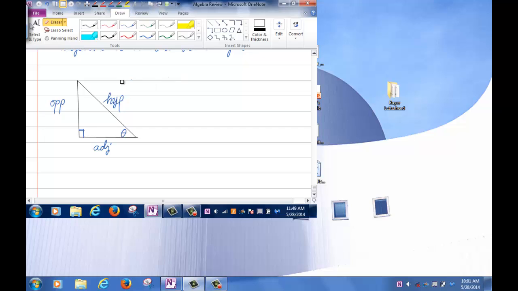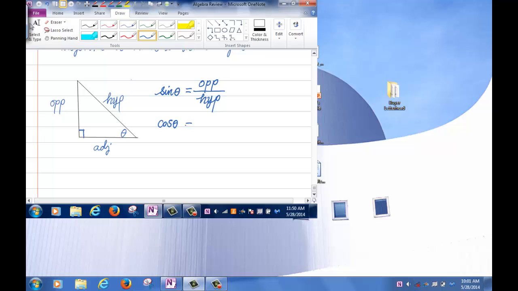Okay, so, what is sine of theta then? Anyone remembers that? Sine of theta is defined to be the opposite divided by the hypotenuse, okay? The opposite side divided by the hypotenuse. And how do we define cosine of theta?